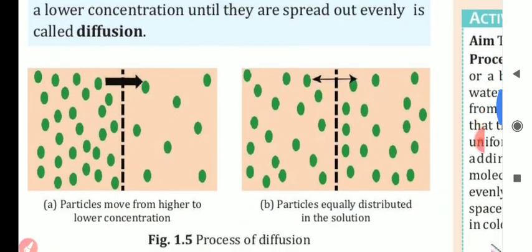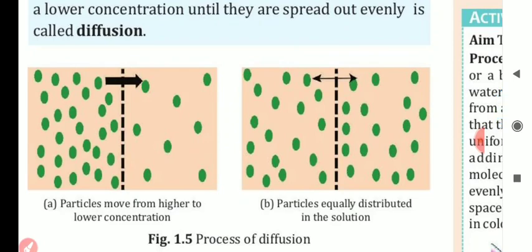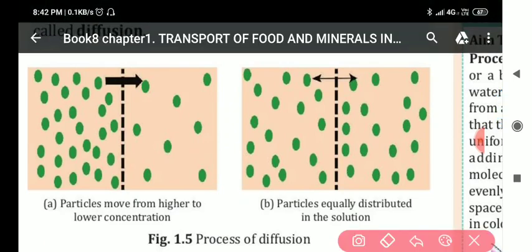Just look at this diagram. Here you see, in this region I am talking about, there are more number of particles. So there is high concentration of particles here, and in this region there is low concentration.